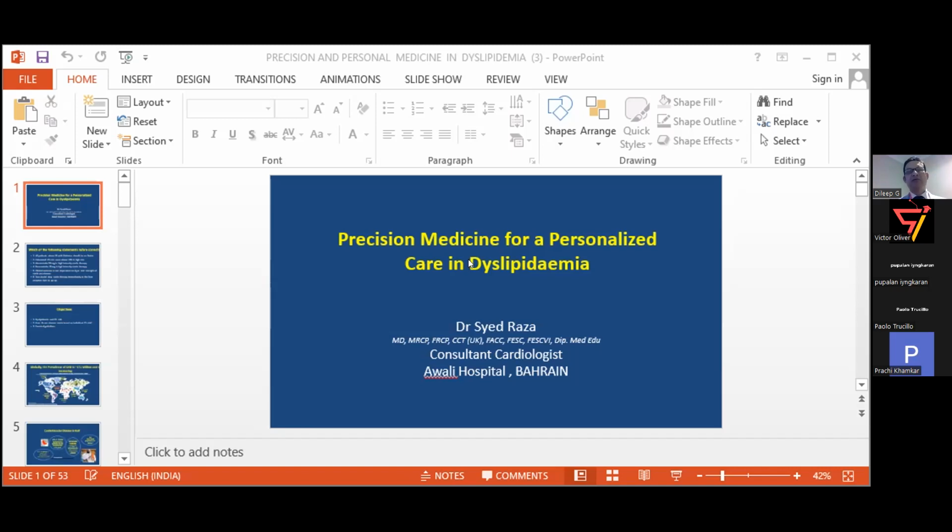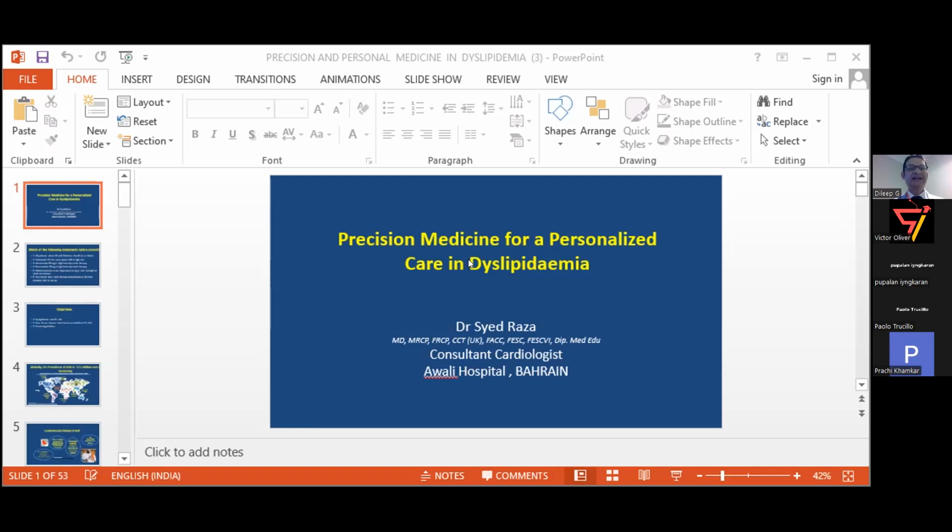And before I move on to how we choose the patients and treat them with statin therapy, you must understand, because I put one of the questions in the quiz with a few options, what is the intensity of statin therapy? That is essentially based on the percentage of LDL that a particular statin can bring down.